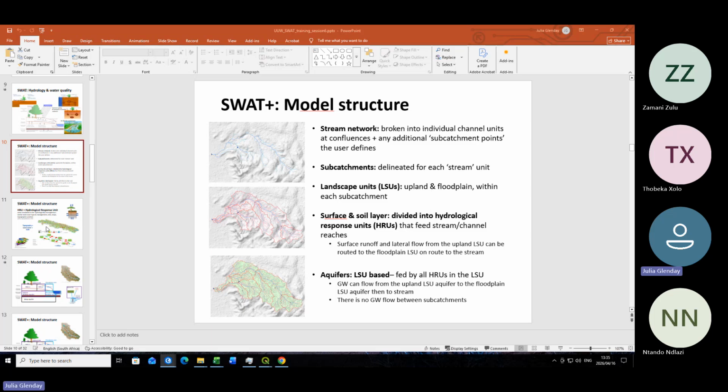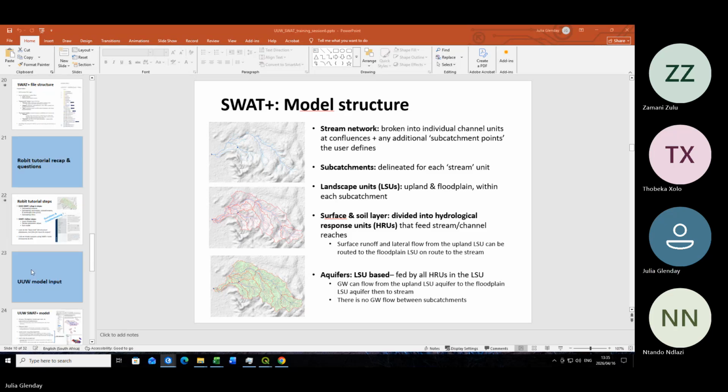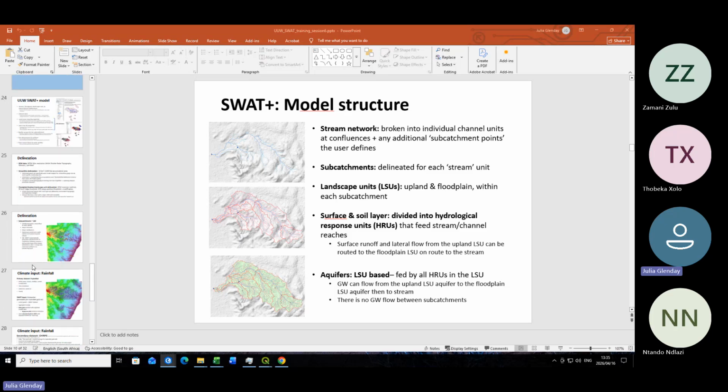So that's the structure of how things are put together. The last time we met, we looked a bit into the delineation of how the subcatchments were set up for this model.